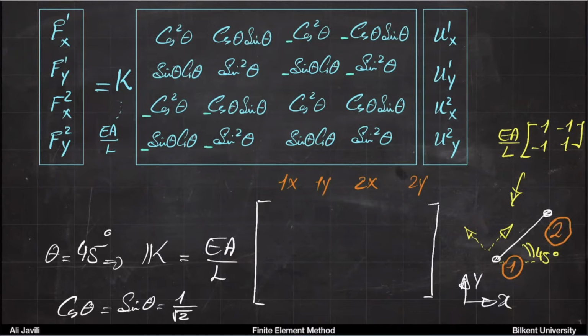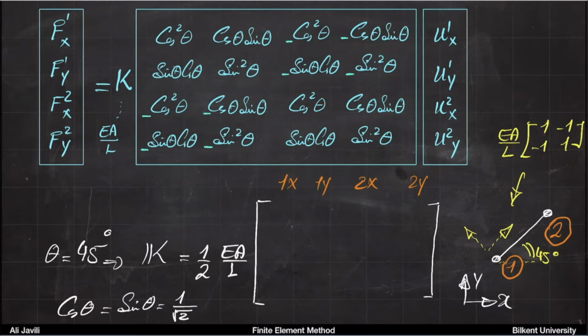So basically, in all these components, you get 1 over 2. Okay, so I take that 1 over 2 out for simplicity. So this would be 1 over 2 EA over L.